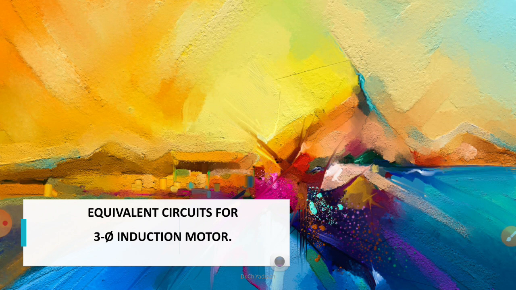So we have seen all these things. Now for the performance analysis of our induction motor, similar to the transformer, we are going to analyze the parameters. What are the parameters of our transformer? The primary winding has a resistance value and inductance value, and R0 and X0 components, which are the working component and the magnetizing component.